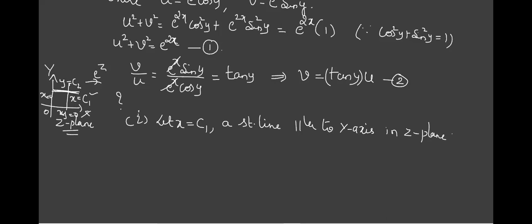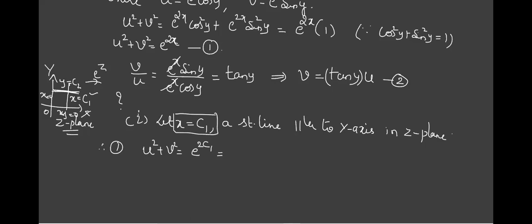Now, if I'm taking x equal to some C1, where can I substitute this very easily? In equation 1, correct? This is where I can substitute. It becomes u square plus v square equal to e raised to 2c1. What is c1? c1 is some constant, so e raised to 2c1 is going to be some constant.